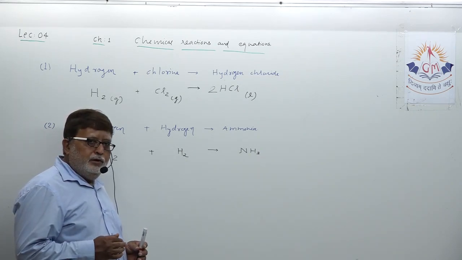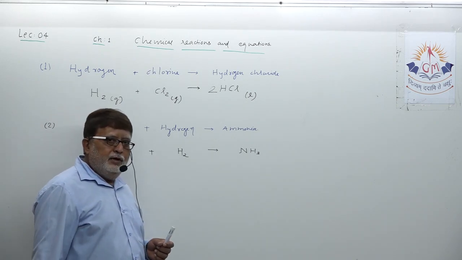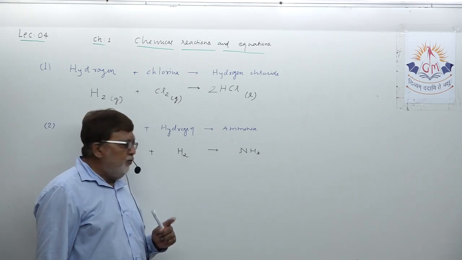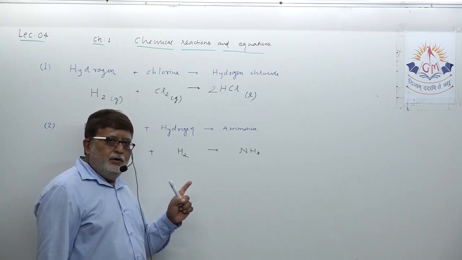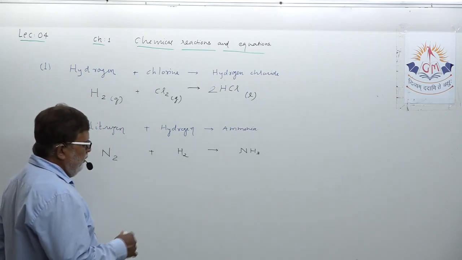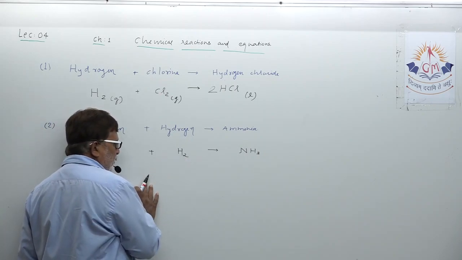As per the hit and trial method, let us start balancing ammonia. In ammonia, which element has the maximum number of atoms? Hydrogen. Nitrogen has only 1 atom, hydrogen has 3 atoms. Let us try to balance hydrogen on both sides of the equation.